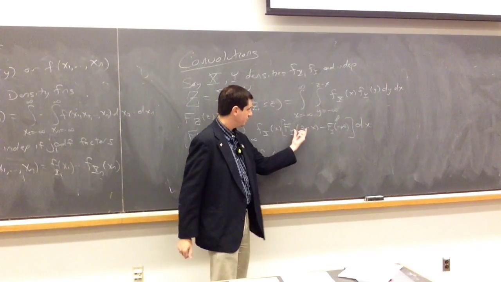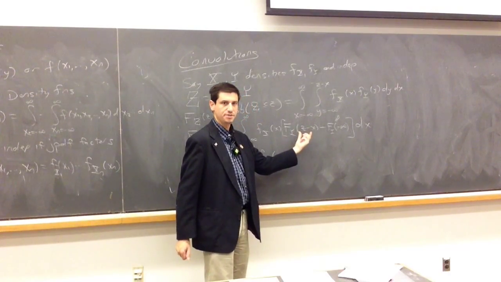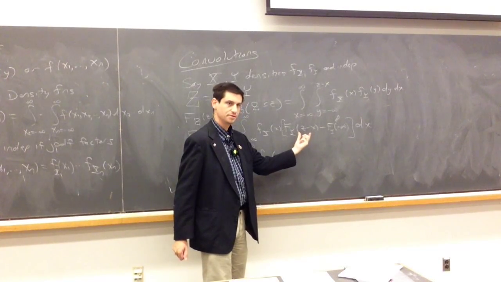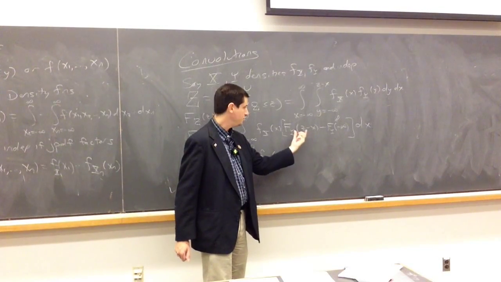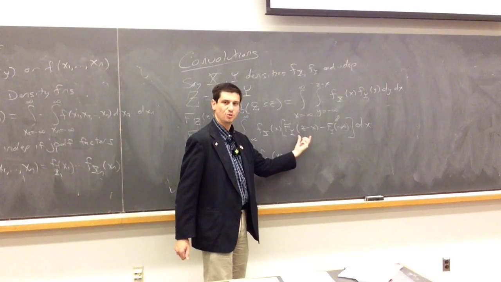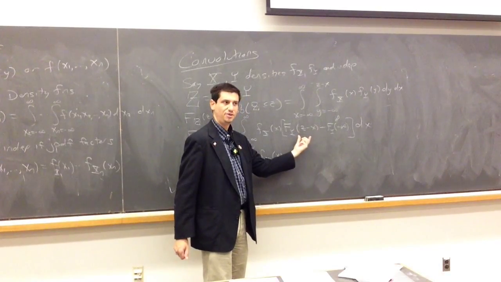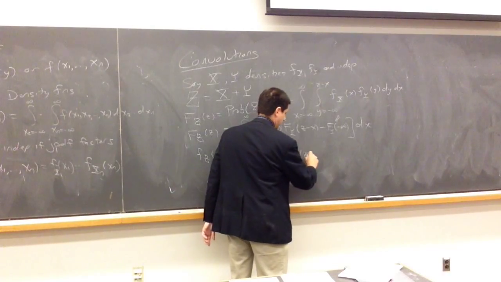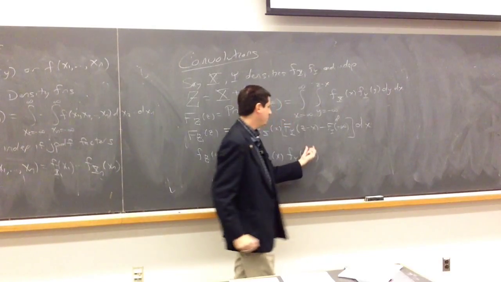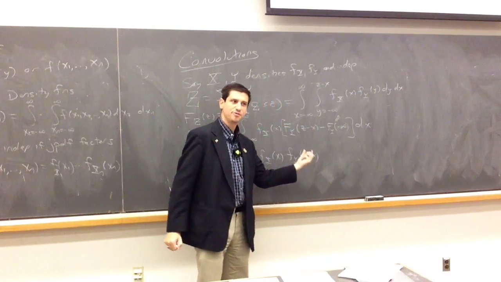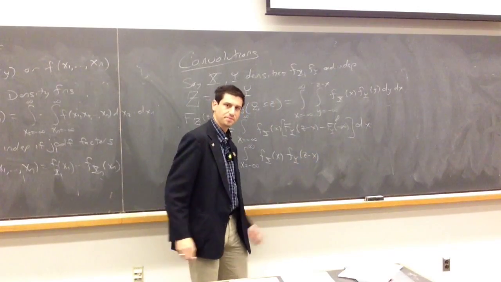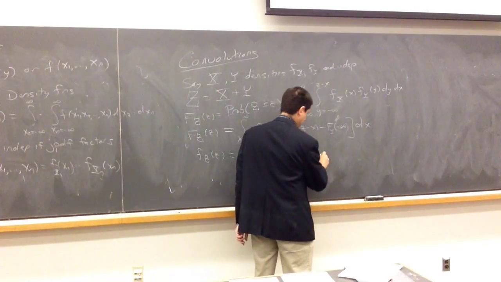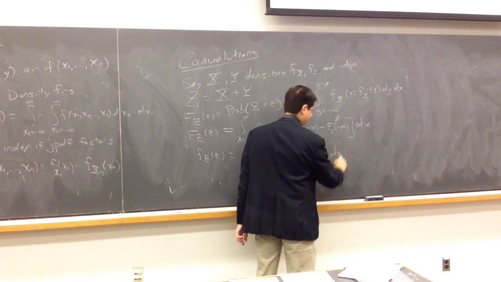What's the derivative of big Fy of z minus x? It's little f. And then I have to take the derivative of z minus x with respect to z. What's the derivative of z minus x with respect to z? 1. So I can immediately drop that.